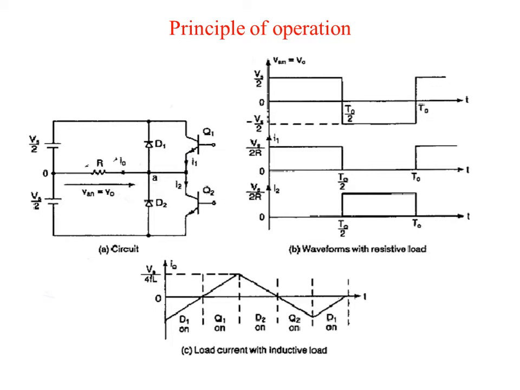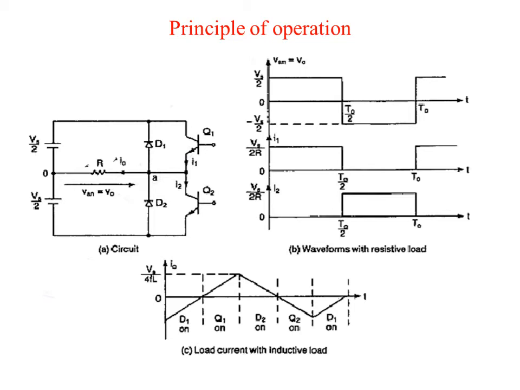If transistor Q2 only is turned on for time T0 divided by 2, minus Vs divided by 2 voltage appears across the load. The logic circuit should be designed such that Q1 and Q2 are not turned on at the same time. Figure B shows the waveform for output voltage and transistor current with resistive load.